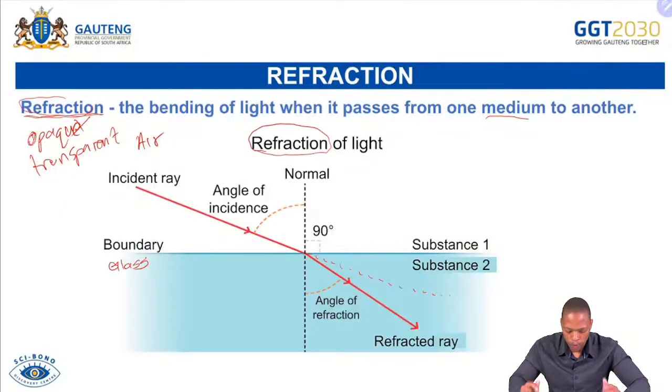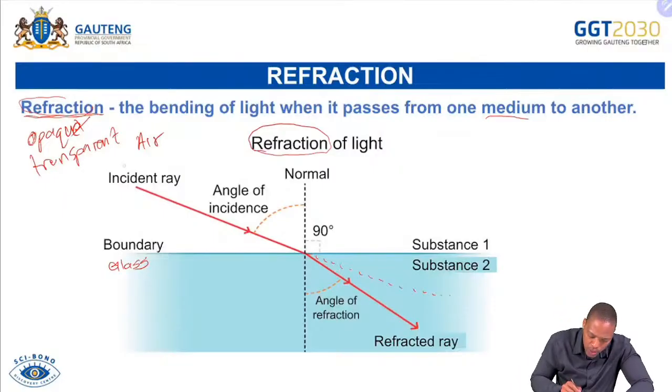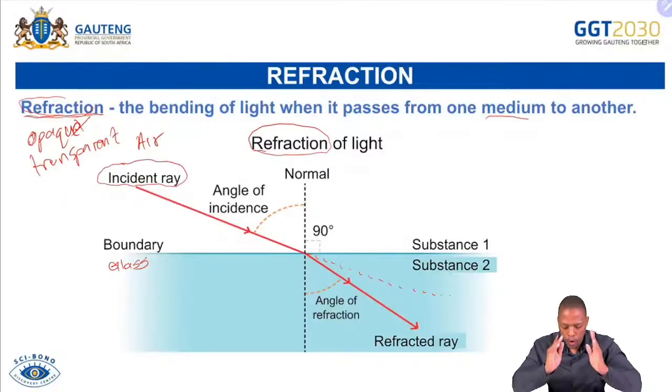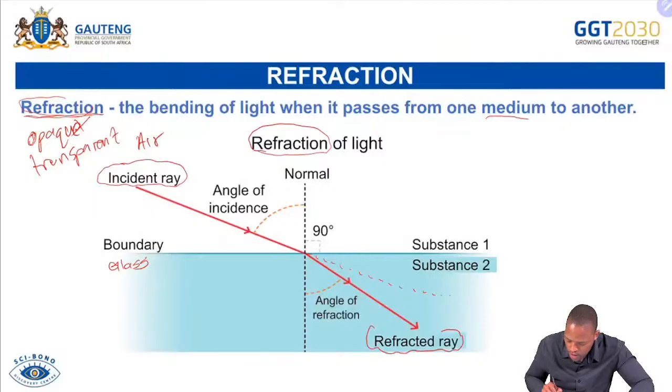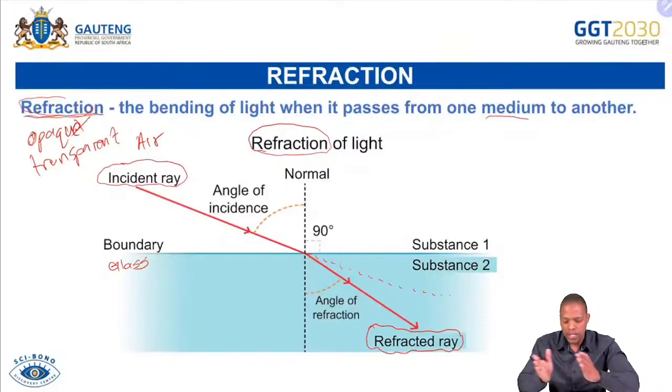Okay, so when we are having refraction, we are also going to have incident ray, because we are still talking of what? Of light. So the ray that is going to be going in, we call it an incident ray. And then the ray that bends, or the ray that changes direction as it enters the medium, that ray is called the refracted ray. It is called the refracted ray because that ray is refracted. That ray is bent.